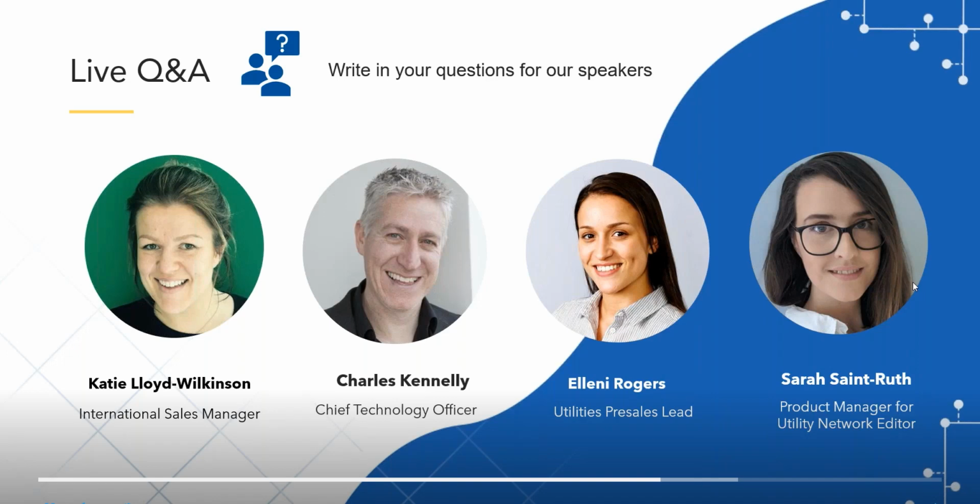Great, thanks, Charles. So Eleni, I'm going to hand this next question to you. Can the trace export CSV be configured? And I guess the other question here is can trace reports be configured? Yeah, thank you, Sarah. So absolutely, they can be configured in order to pull the attributes that you might have on those features.